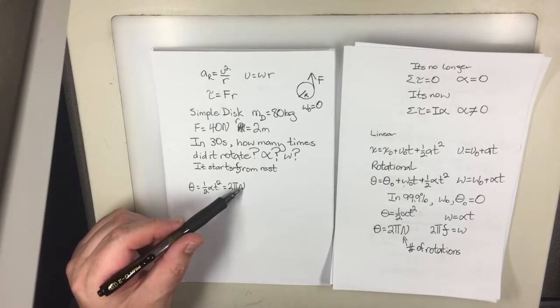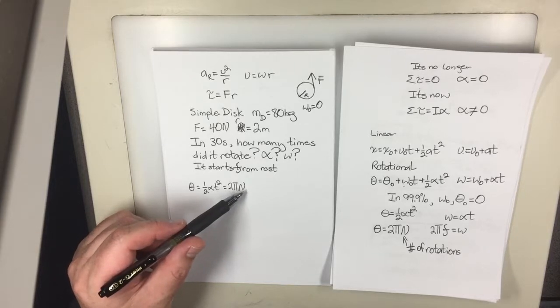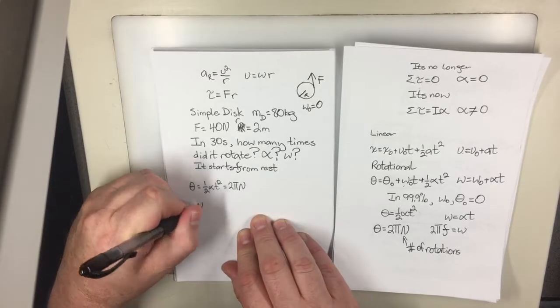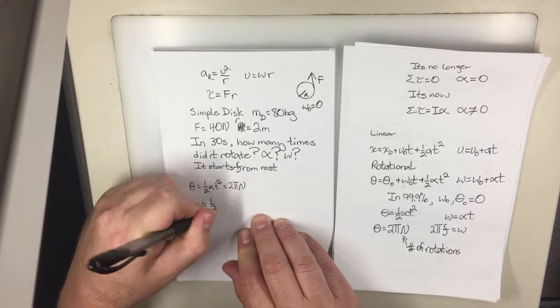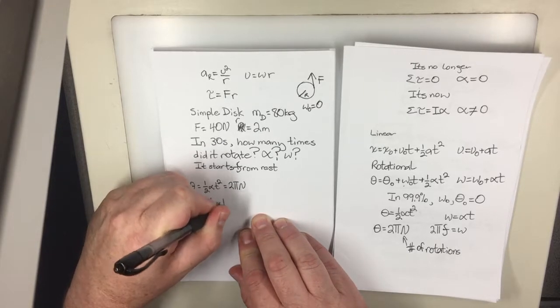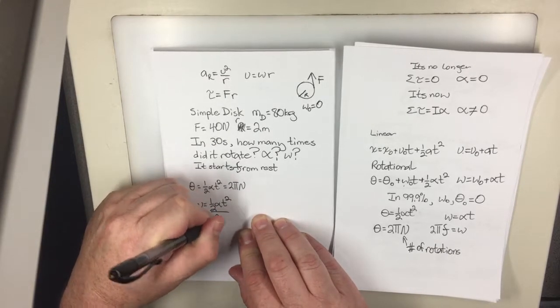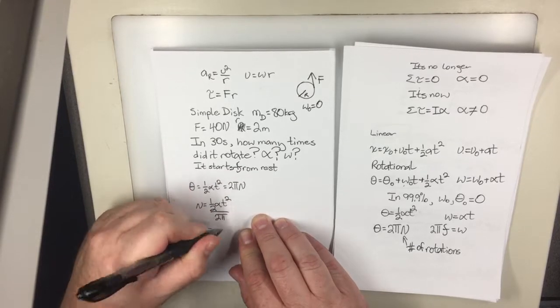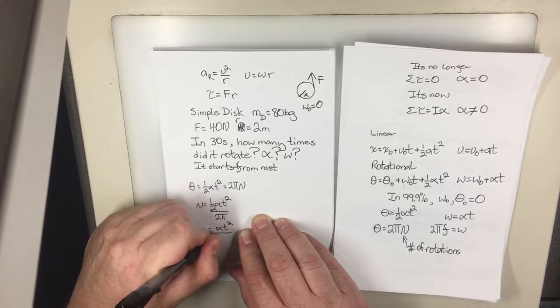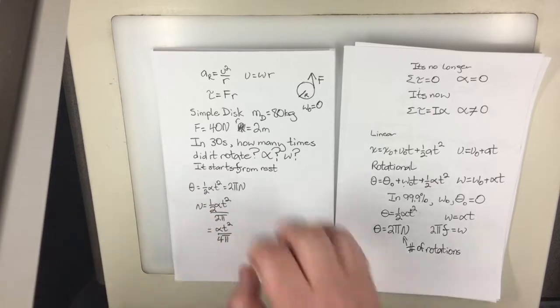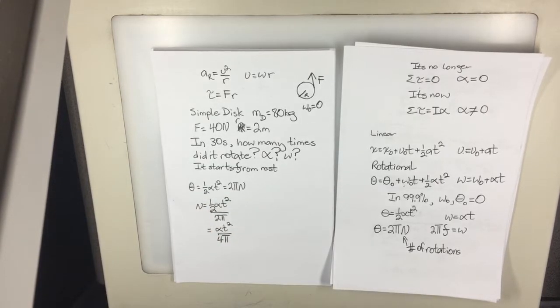I know time, I know I'm looking for n. So n is equal to 1/2 alpha t squared over 2 pi, or alpha t squared over 4 pi. So I get that. But I don't know what my alpha is.